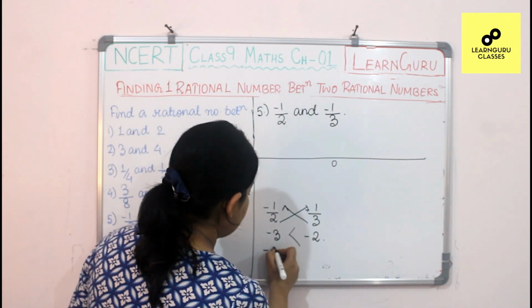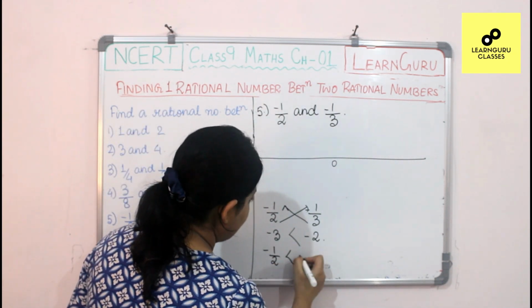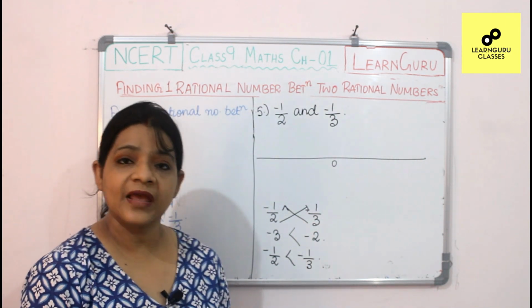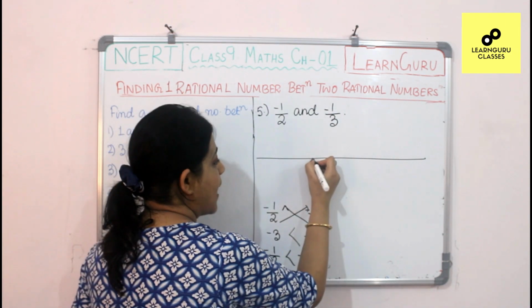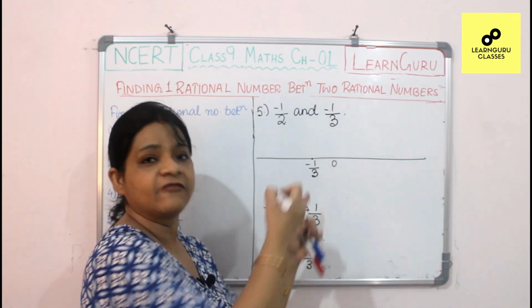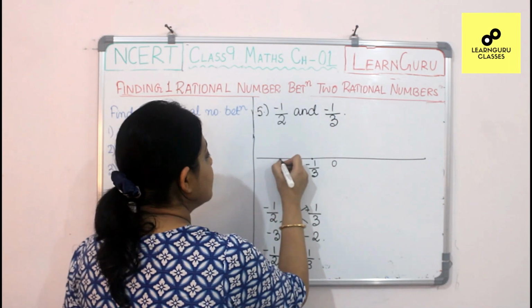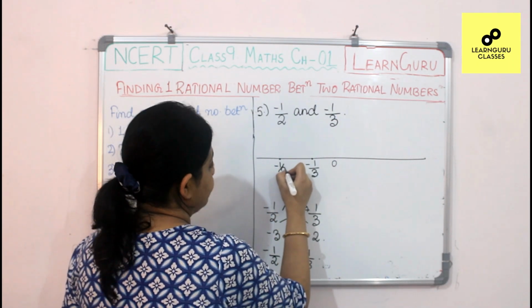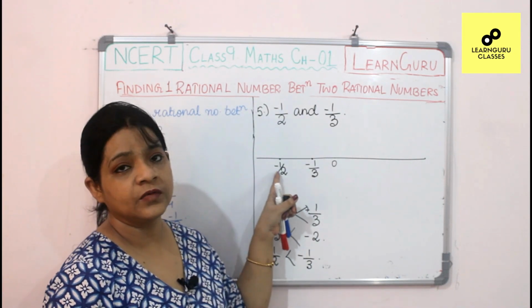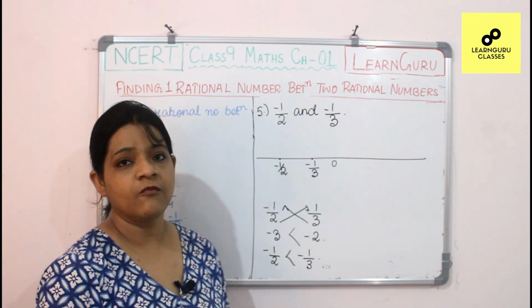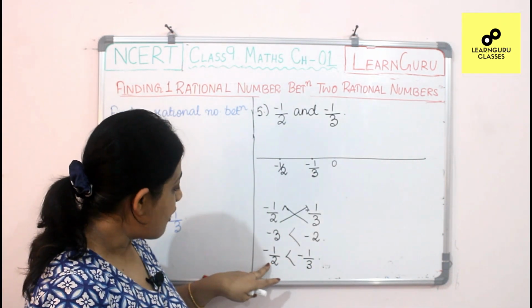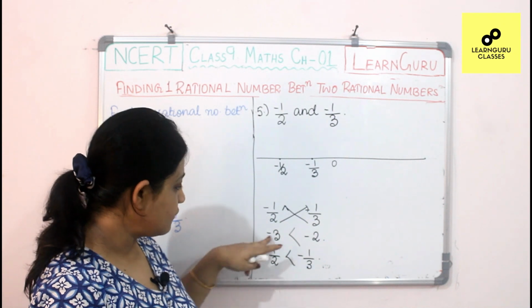So we can say that minus half is less than minus 1 by 3. So where will you place it? Minus 1 by 3 will be placed next left to the 0, and minus half, since it is less than minus 1 by 3, will be placed to the left of minus 1 by 3. Is it clear? Minus half is less than minus 1 by 3.